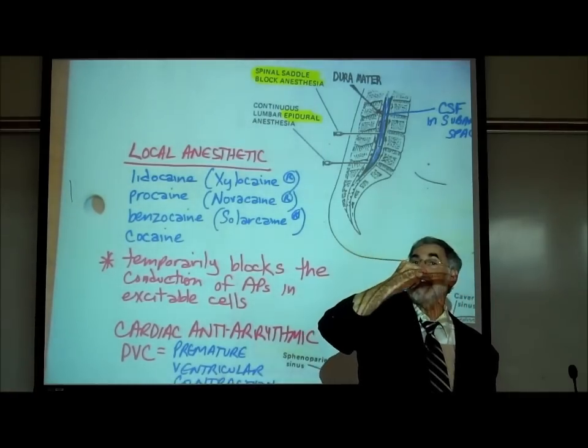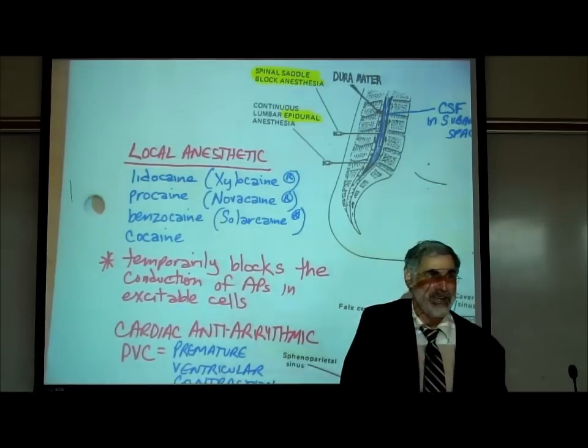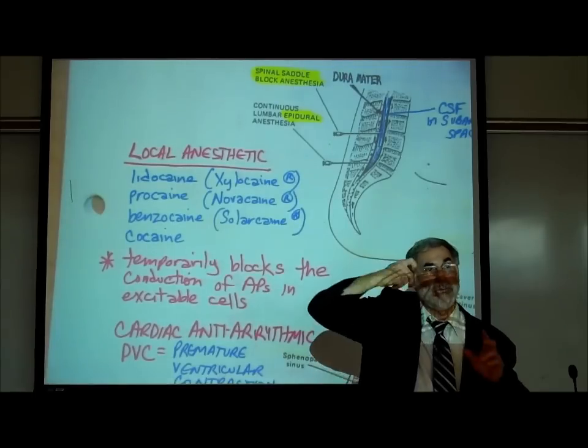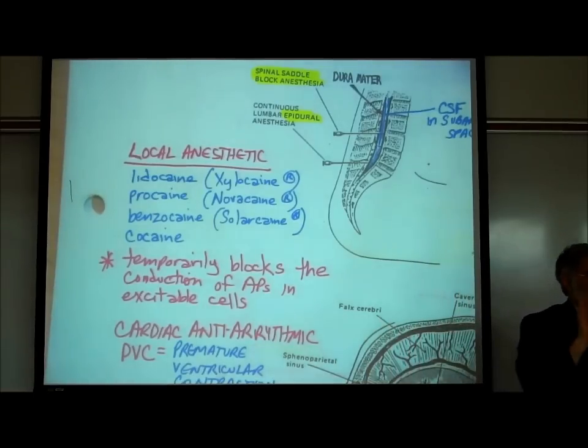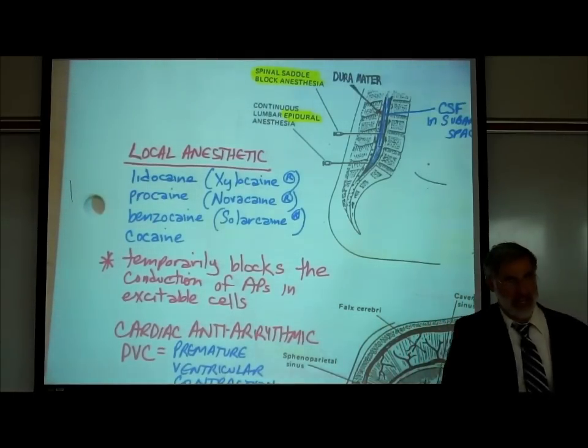They take a cotton swab and rub benzocaine topically to numb the area where they're going to put the shot. So they put a little topical benzocaine before they give the injection of lidocaine.